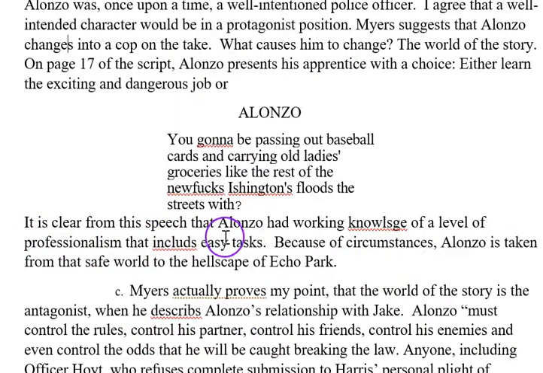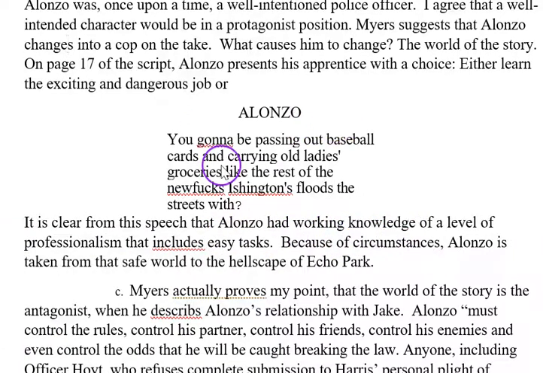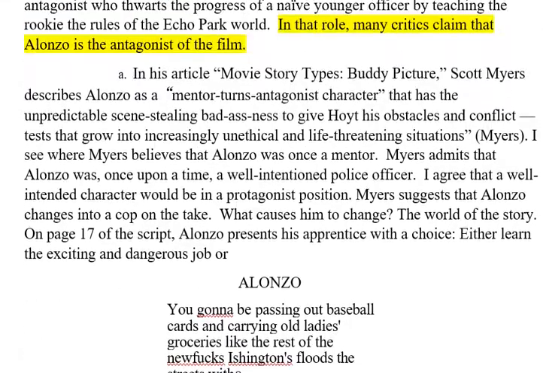It is clear from his speech that Alonzo had working knowledge of a level of professionalism that includes easy tasks. Because of circumstances, Alonzo is taken from that safe world to the hellscape of Echo Park. So we've defined that term, haven't we?